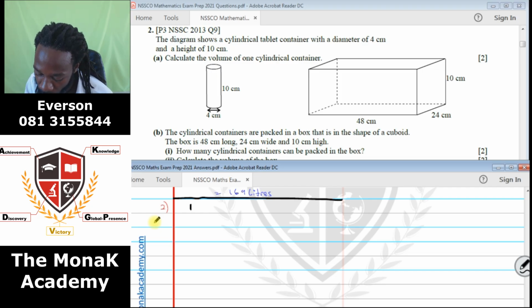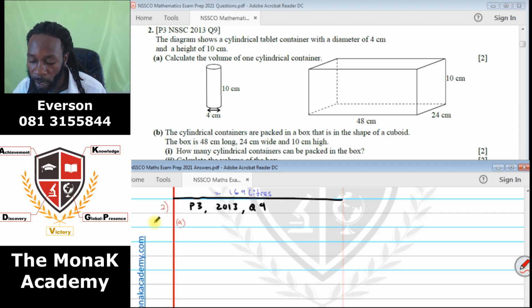It's paper 3, 2013, question 9. So let's start with A. A says calculate the volume of one cylindrical container.